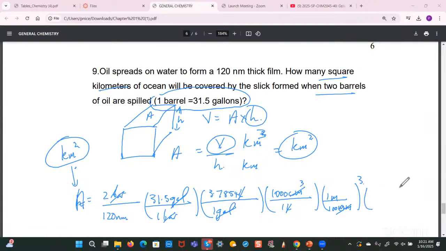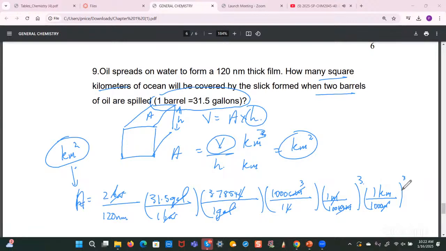And then we can go from meters to kilometers. And that would be 1,000 meters down here and 1 kilometer above. Again, you have to cube that so that this meter cubed will cancel with that meter cubed.